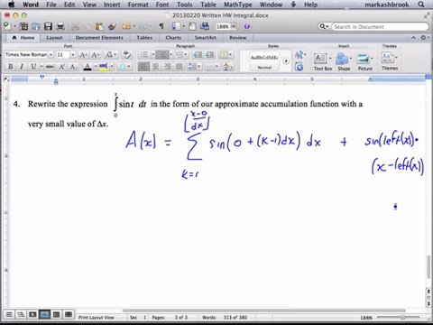You could argue that if dx is atomically small, then this basically becomes 0. But because it's our accumulation form, we'll just put it in there so we remember it. How about that? But yeah, good question.